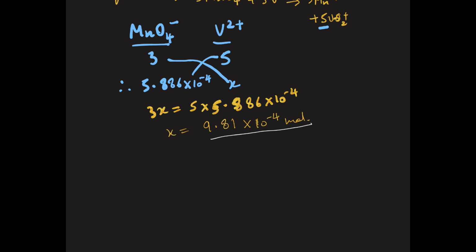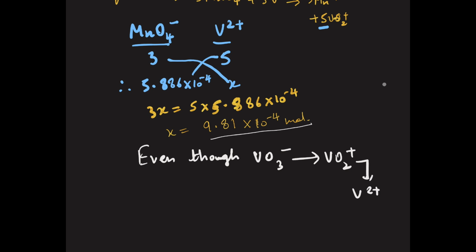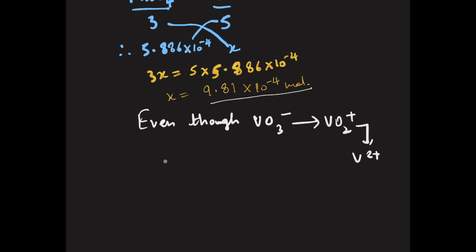So now I'm going to tell you clearly that even though the vanadium changes, even though VO₃⁻ goes from VO₃⁻ to VO₂⁺ to then V²⁺, the number of vanadium atoms stays the same.